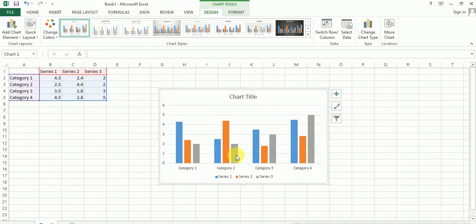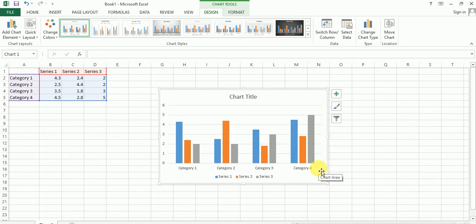Categories are on the x axis, which is the horizontal axis of a chart. This one is the category axis, the horizontal axis. So category 1, category 2, category 3, category 4. It's called the category axis.